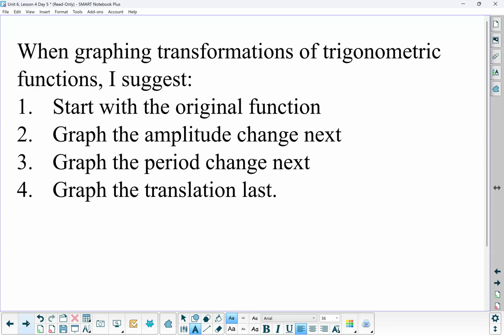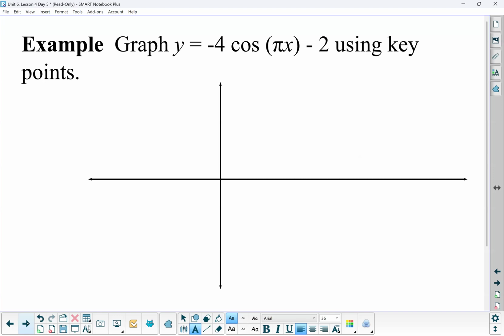So let's take a look at this in action. So we have y equals negative 4 cosine pi x minus 2.